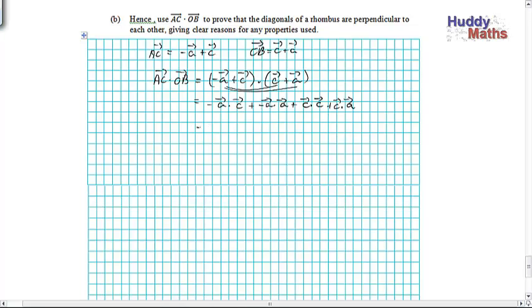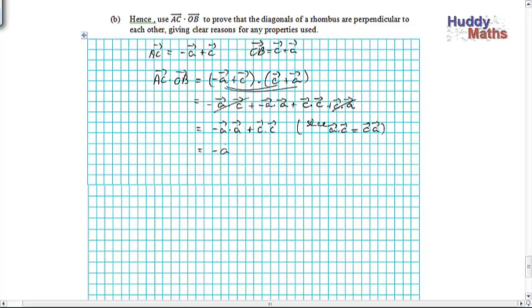Okay, now negative A dot C is the same as negative C dot A, so they'll go out, and we should put this down here now. Since A dot C is equal to C dot A, and one's negative, it'll take the other one away. Now what have we got?